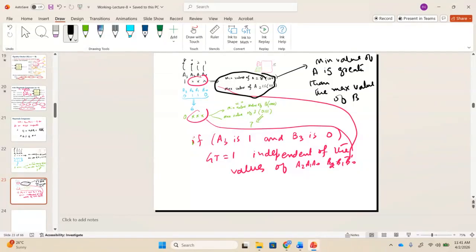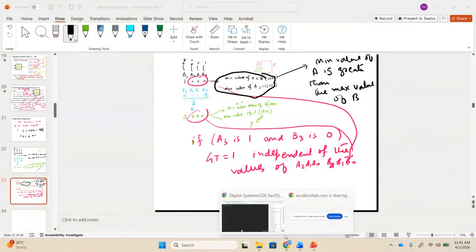Got it or not got it? Is this clear or not clear? I'm not hearing. If I'm not hearing, the exam will be difficult. No, it's clear, Professor. It's clear?